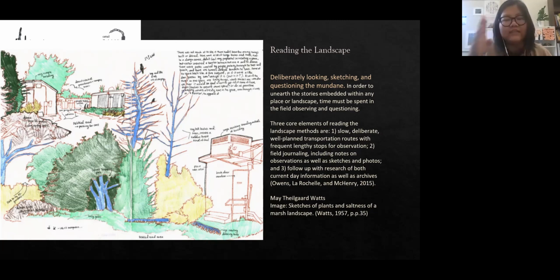Divide it so that, say, every 10 minutes there's a stop. Then you get out of your car and look around to see what landscape you are looking at and what's the history behind it. And then you do this field journaling, including observations, sketches and photos, and follow up with the research. This is actually a very quick way to understand a city.